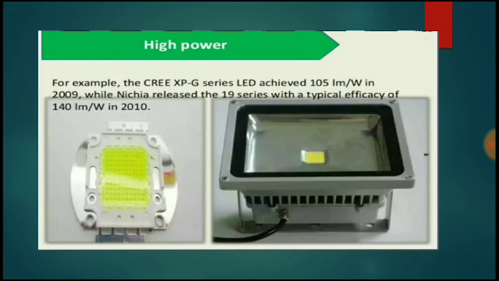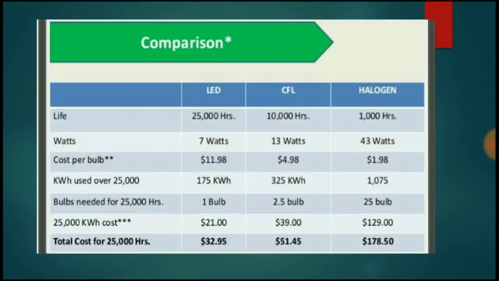Now comparison of LED light with normal CFL and halogen bulbs. See this: life is 25,000 hours for LED, 10,000 hours for CFL, and 1,000 hours for halogen. In watts, LED 7 watts, CFL 13 watts, and halogen 43 watts.